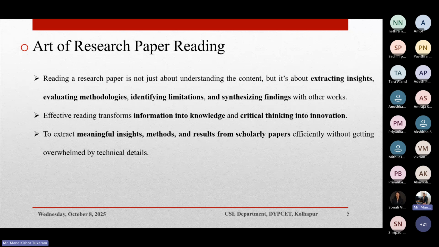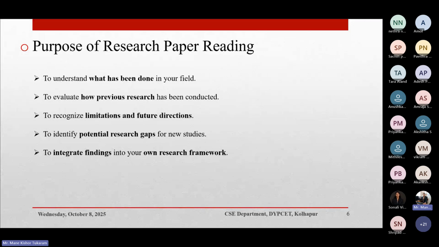So again, to extract the meaningful insights, methods and results, we have to use paper reading. So here, whenever we are reading the paper, what is the purpose behind reading the paper?